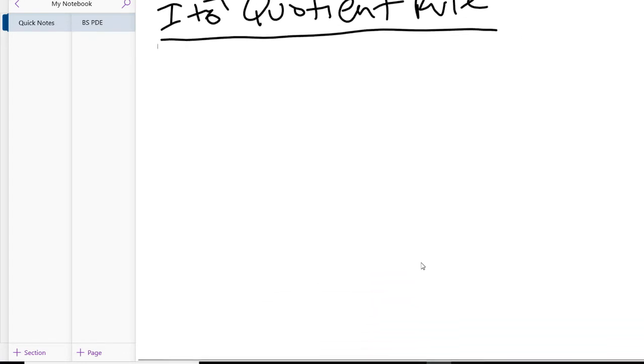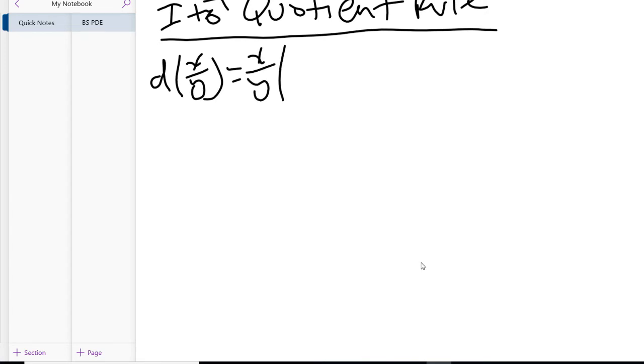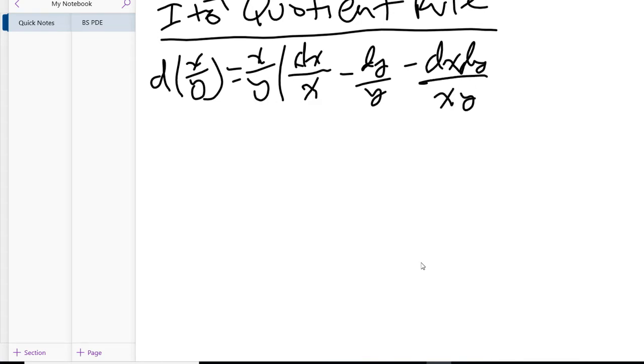And that tells us that if we have d of some X over Y, that's equal to X over Y times dX over X minus dY over Y minus dX dY over XY plus dY over Y squared.